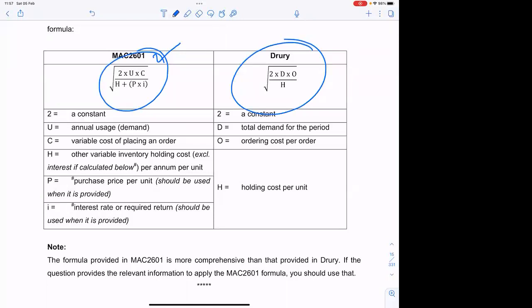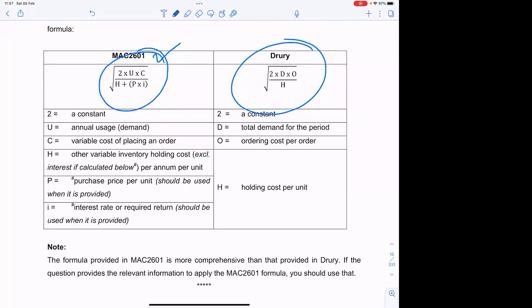We are just doing everything at a high level, assuming that you have done MAC 2601 in the past. But basically, the formula is 2 multiplied by annual demand, multiplied by the cost per order, all over the holding cost per unit.